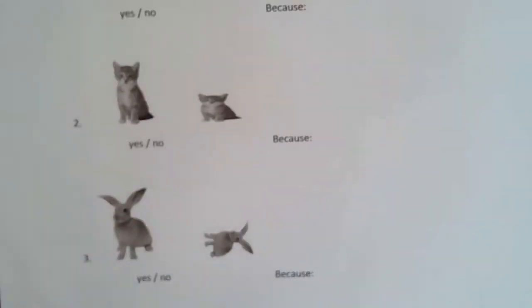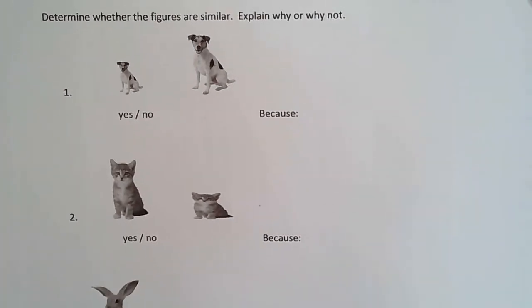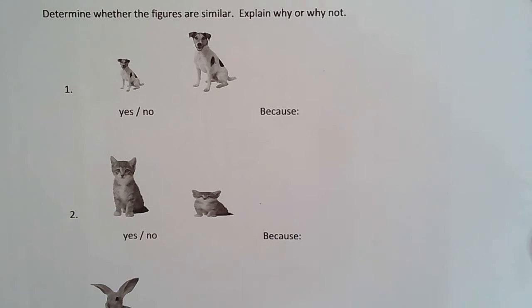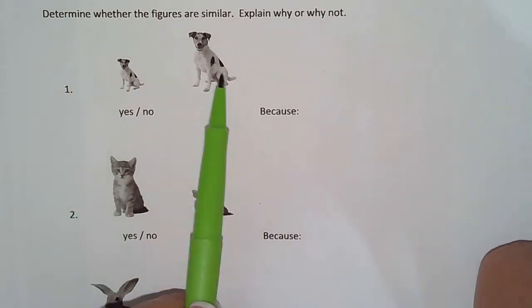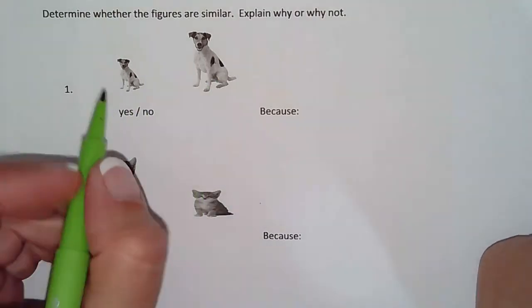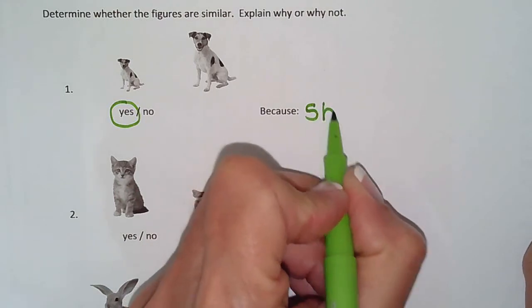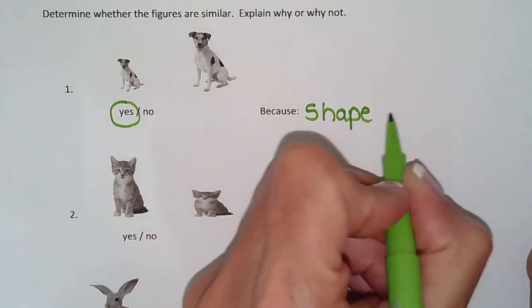So according to our definition of similar, let's go down here and look at our different shapes. Oh, this one's a lot better than the last page. So have we retained the shape? Yes. So all that's different is the size, right? So I would say this is a yes, and shape is retained.